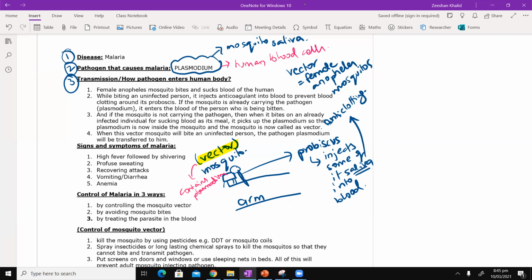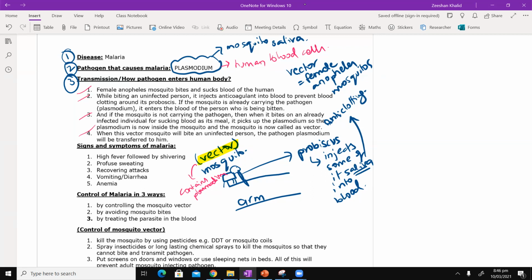ठीक है, ये जो मैंने आपको सारा समझाया ना, let's go through these points, you will make sense of them. Okay, so number one, female Anopheles mosquito bites and sucks the blood of the human. Number two, while biting an unaffected person, it injects anticoagulant into the blood to prevent clotting around its proboscis. If the mosquito is already carrying the pathogen, plasmodium, it enters the blood of a person who is bitten. ठीक है, ये जो मैंने आपको पहले example बताई है.